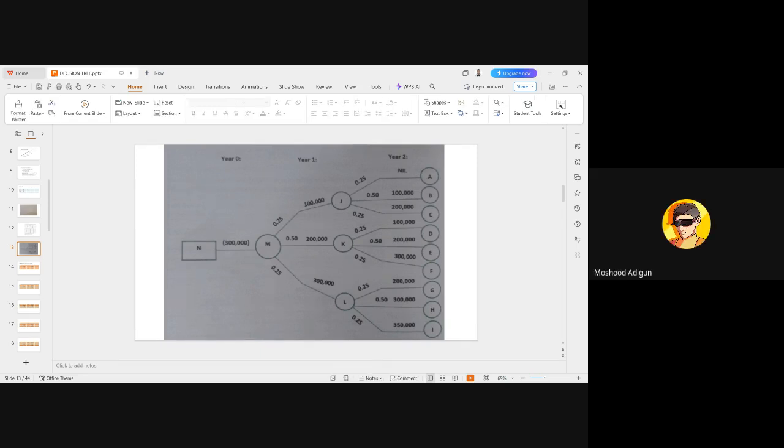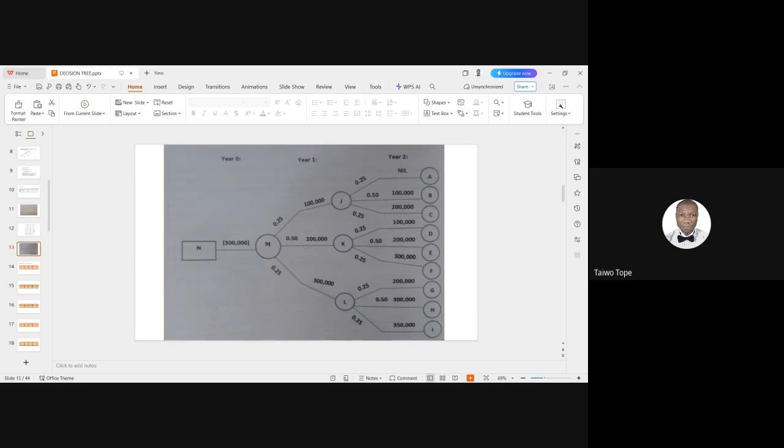But let me re-emphasize again for others that might not be on the same page with us. In year zero, you invested 300,000. Your investment is bringing back how much in year one? See it, 100,000. Your year one value leads to year two.